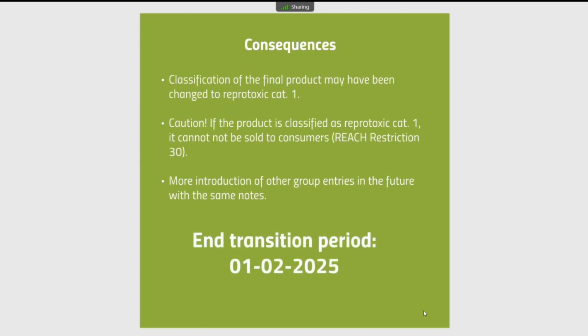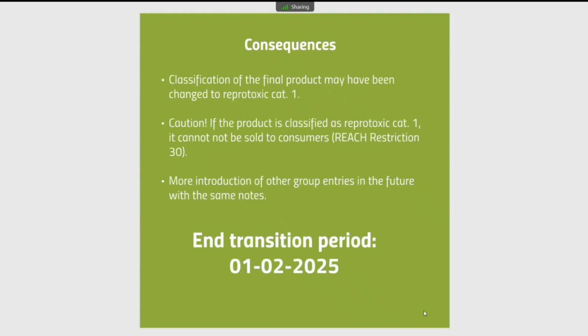Well, when do we have to apply ATP 19 and 20? ATP 19 and 20 is already in force. However, there's always a transition period where you can still keep the old classification. However, it's also the time to maybe look at a replacement of these substances within your product and change the recipe.